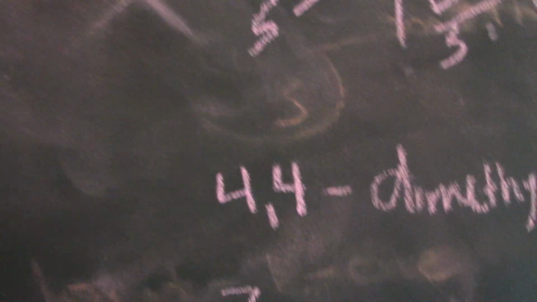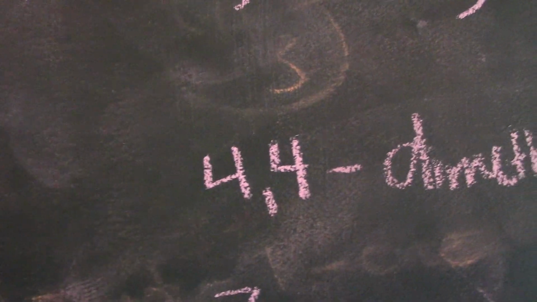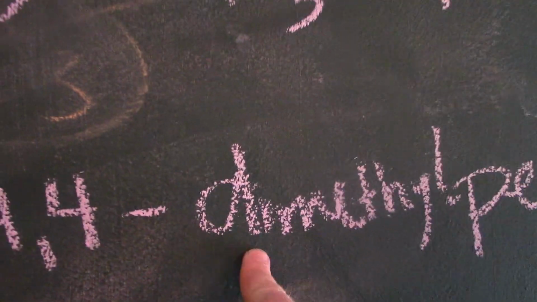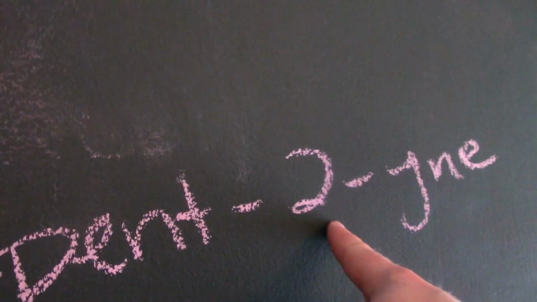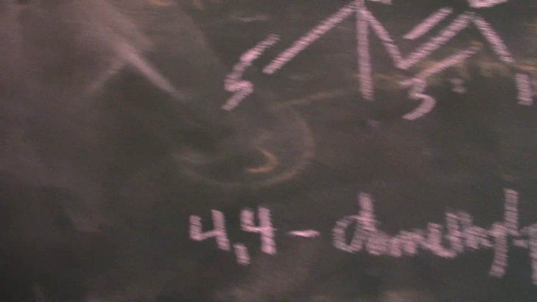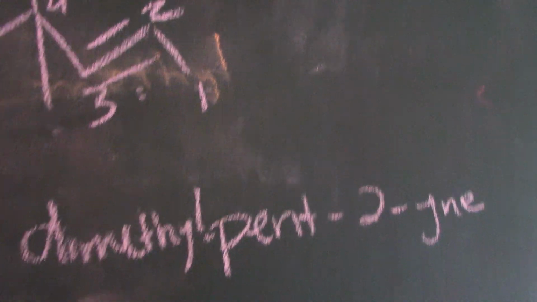So there's 2 methyl groups. So not only do I have to indicate where they exist, okay, they're on carbon 4, I also need to give the amount and the location of the bond. And that's what this does. Okay, so 4, 4, dimethyl, pent-2-ine.